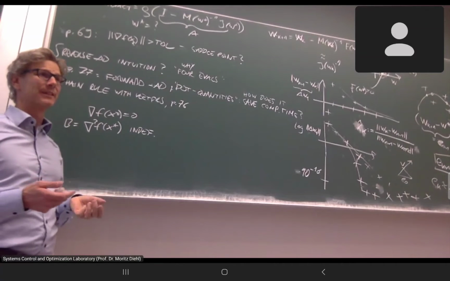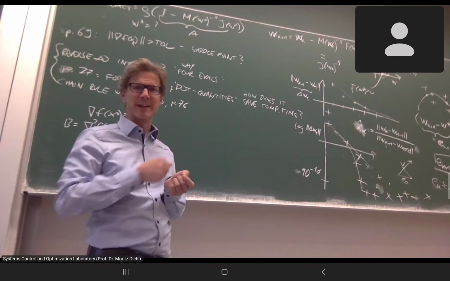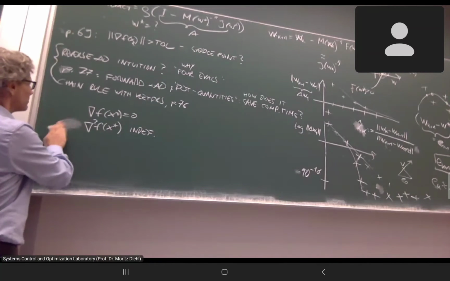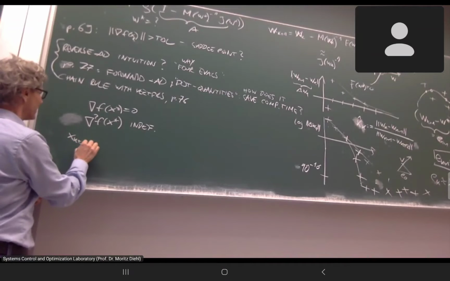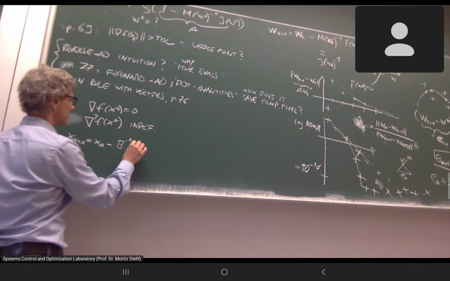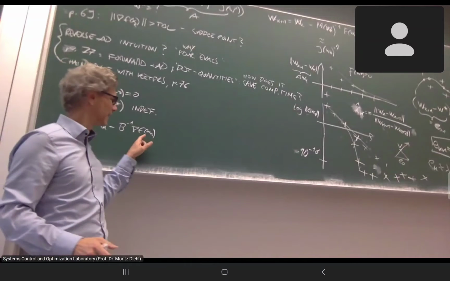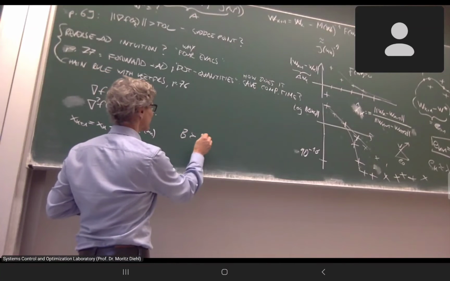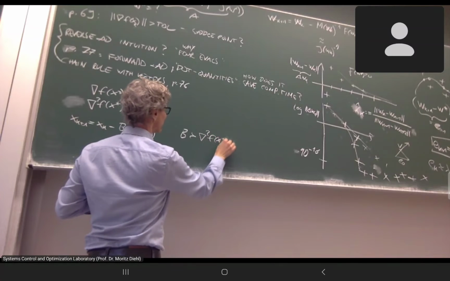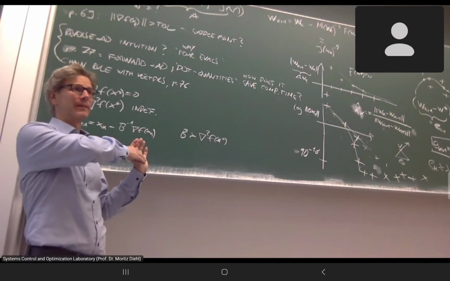Now I could devise a method which is very conservative. It's like a steepest descent method, but I use an iteration x_{k+1} = x_k - B^{-1} ∇f(x_k), with a constant matrix B. I could choose B bigger in the positive definite sense than the Hessian, for example a diagonal matrix with a very large number.